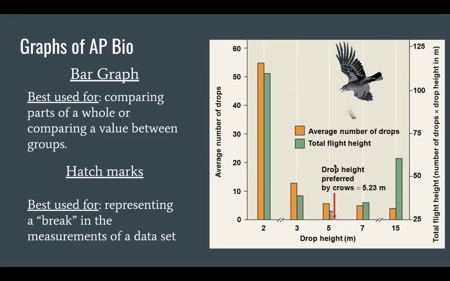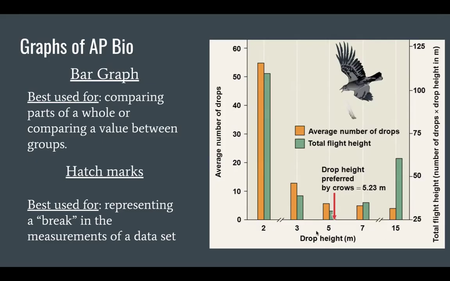But this is just a bar graph. And this is a really good example of a bar graph because bar graphs are primarily going to be used for comparing parts of a whole or for comparing a value between groups. Okay. So when I said comparing parts of a whole, usually that's going to be a pie chart. However, sometimes you can do a bar graph because the bar graph is going to show you distinct groupings and how those groupings compare to each other.